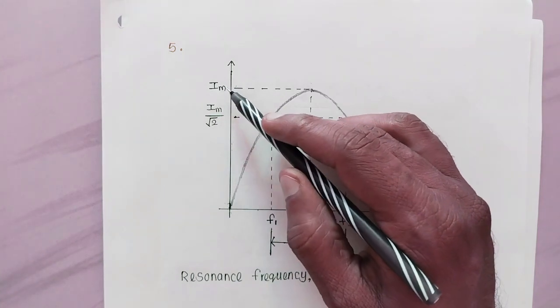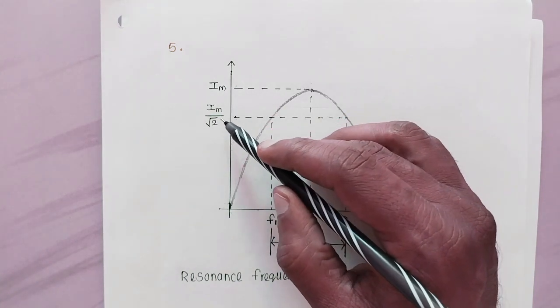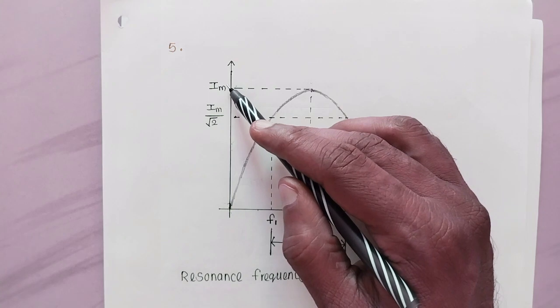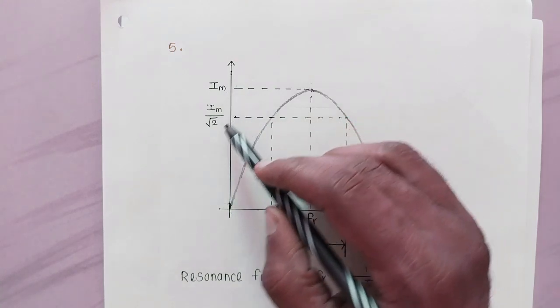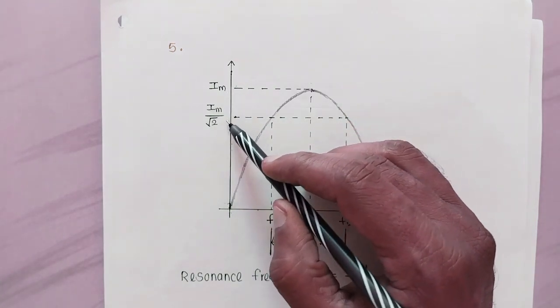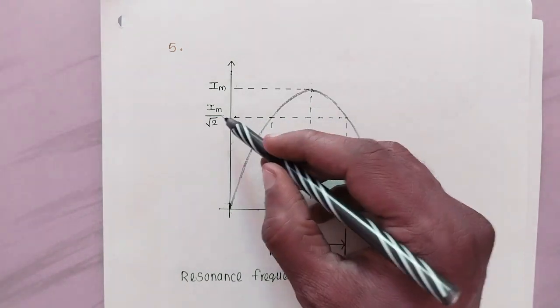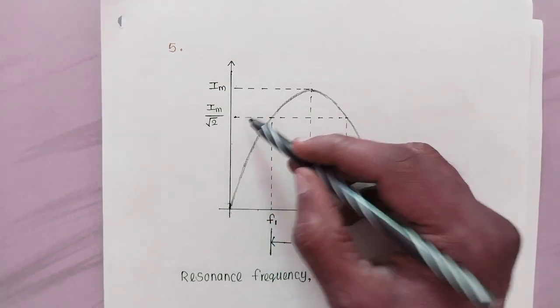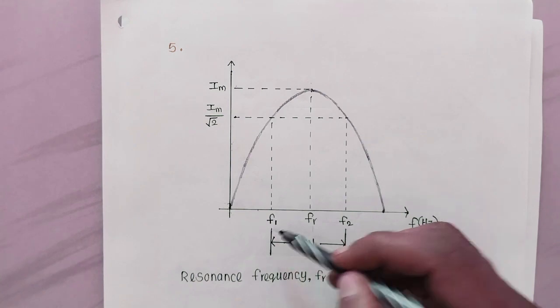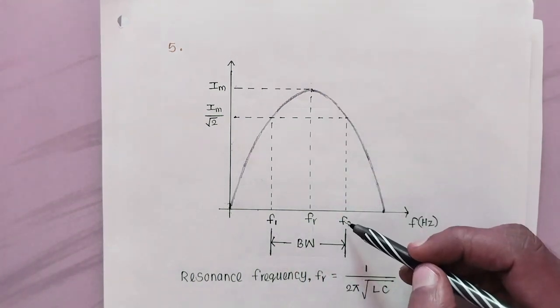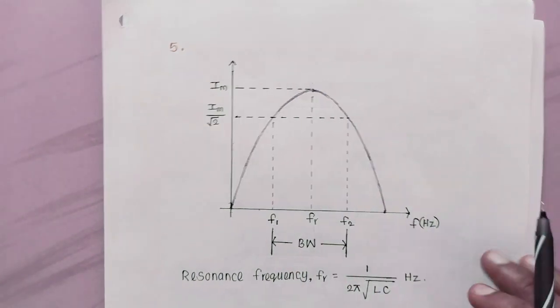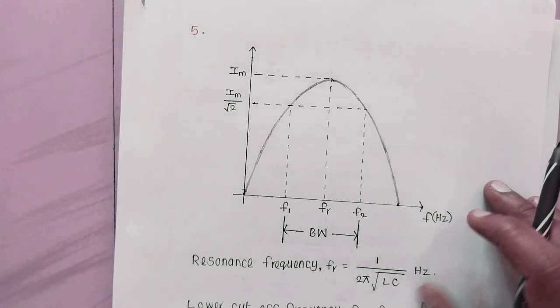So here Im is the maximum current, and 1 by root 2 means 71% of the maximum current, in terms of percentages, is Im by root 2. The corresponding frequencies of Im by root 2 are the lower cutoff frequency and higher cutoff frequency, together called the cutoff frequencies.